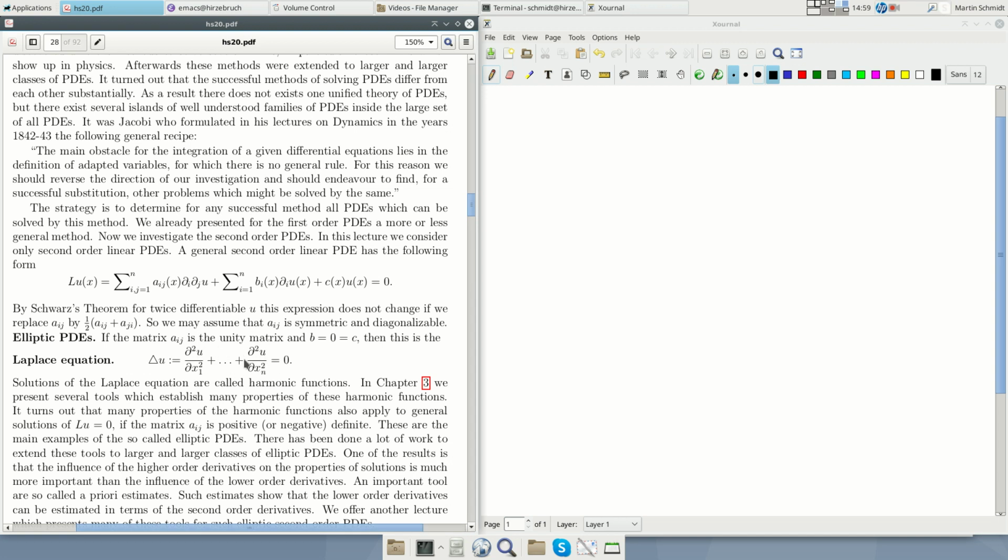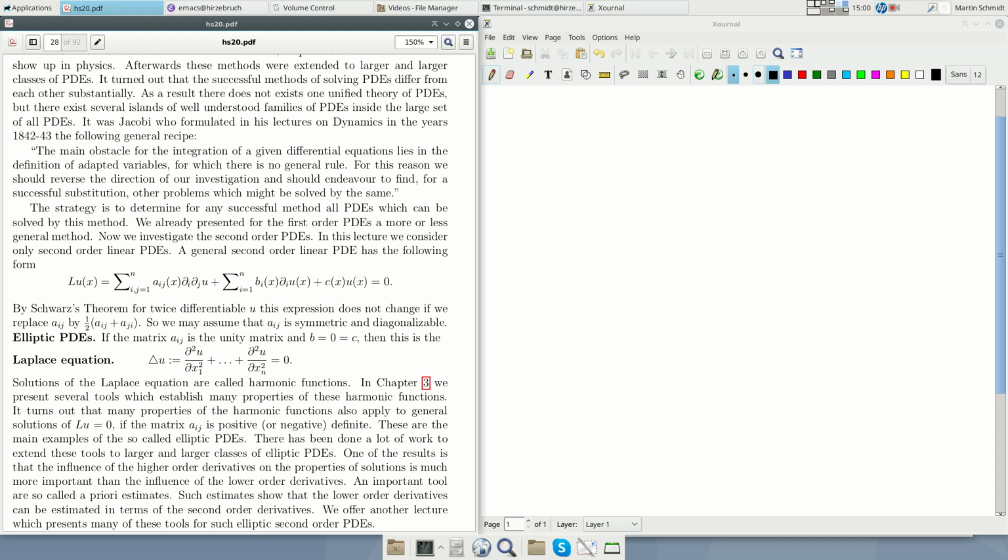This is our first example in the 3rd chapter, and in the 3rd chapter we will derive many properties about the solutions and a general method how to solve this equation. The corresponding solutions which obey this equation are called harmonic functions. And we will see that we can achieve in chapter 3 a very good understanding of these harmonic functions.